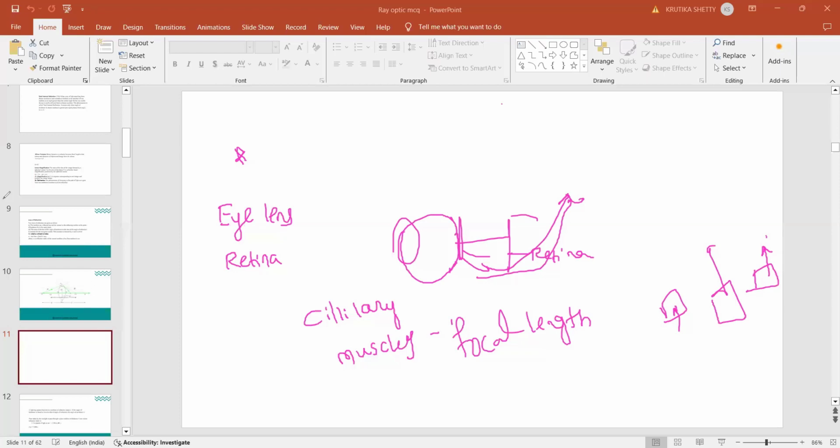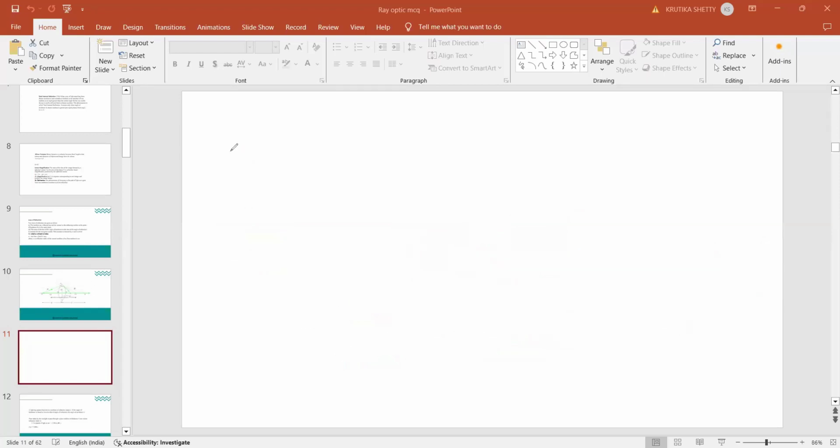So this phenomenon we just described, that is the adjustment of the focal length, is called the accommodation power. What is accommodation power?